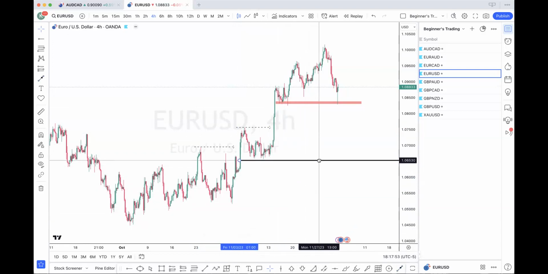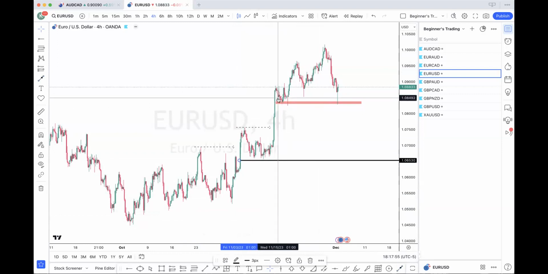So now this is your swing low. Anything can happen between here and here without breaking structure. You're still looking for a buy because price is bullish.